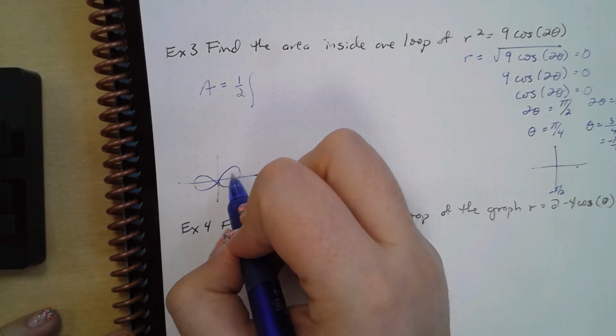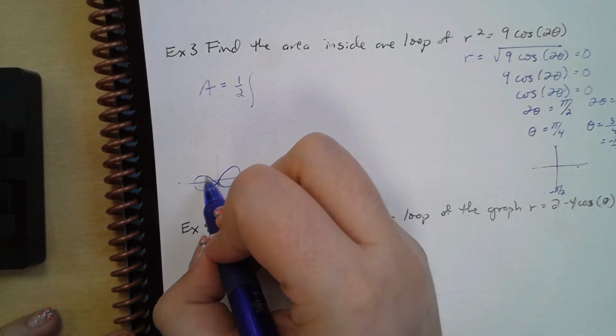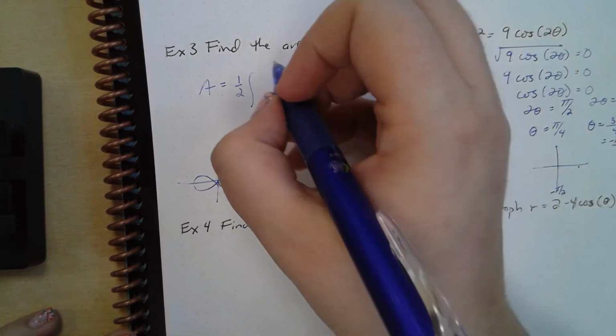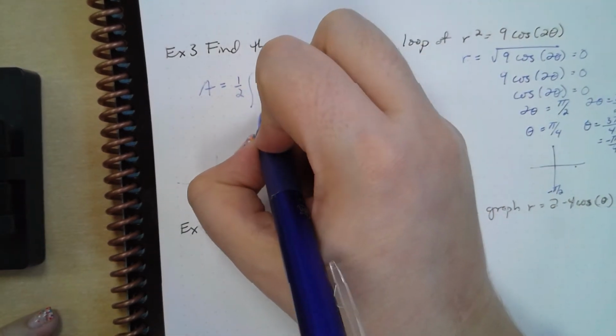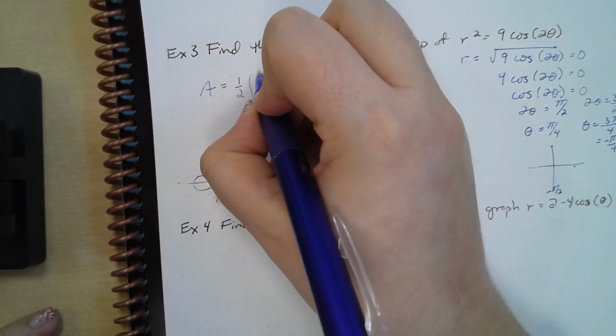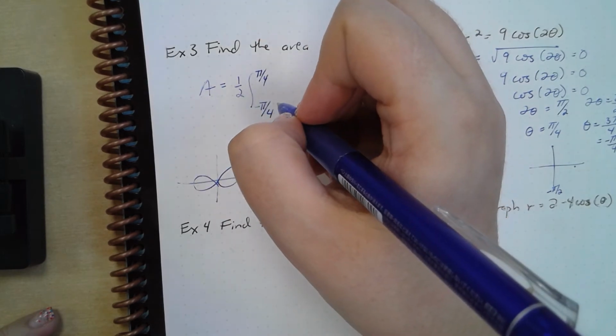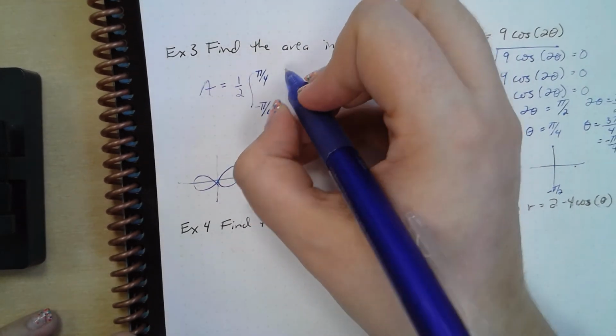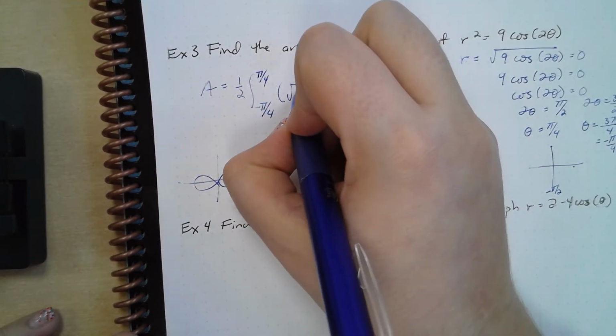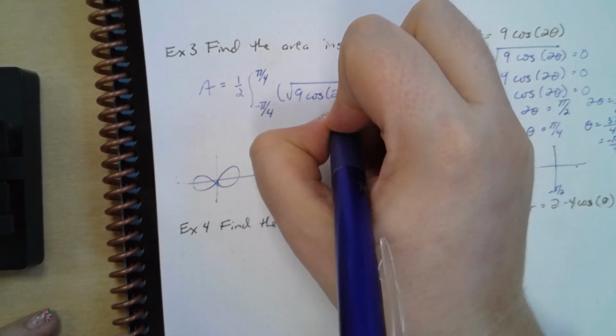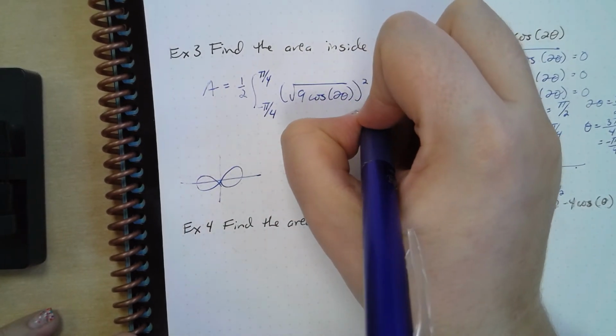You would get here, it just wouldn't work. So I think it's going to be best to go from negative pi over 4 to pi over 4. And maybe I'll try this in my calculator and see if they work out. So the square root of 9 cosine 2 theta squared d theta.